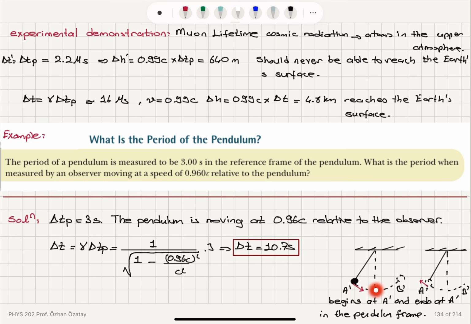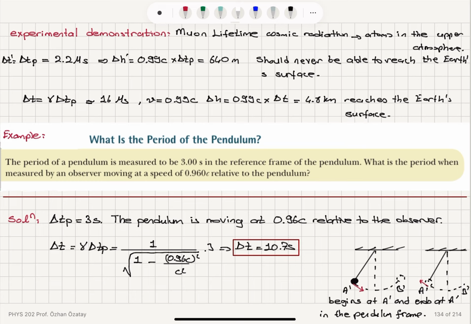Therefore, this period measured by the pendulum reference frame observer is the proper time. Multiplying it by gamma, we find the period reported by an observer moving at a relative speed of 0.96 c with respect to the pendulum.